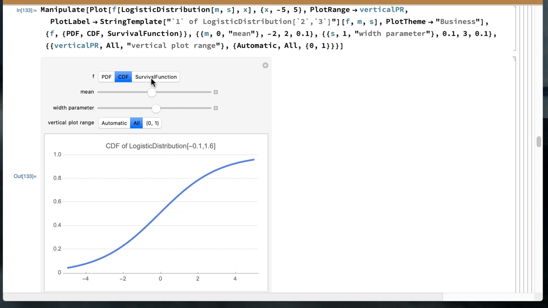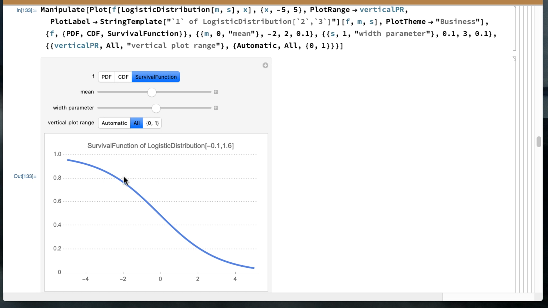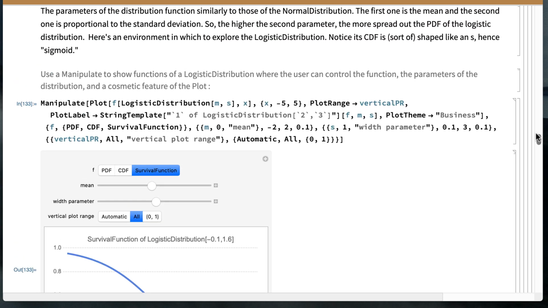We can look at the survival function, but I hope by now that that's just going to be 1 minus the CDF. So if it's 0.2 at about negative 1.9-ish, maybe negative 2, it should be about 0.8 when I flip it. And lo and behold, it is. Good. So that is the logistic distribution.